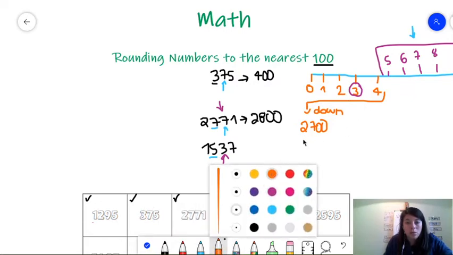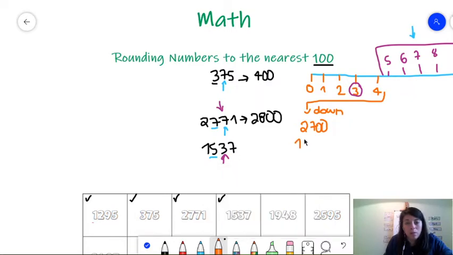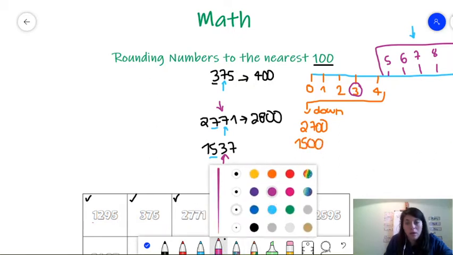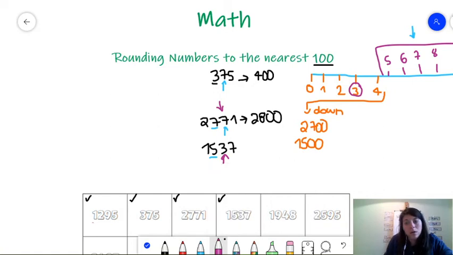Rounds down would mean that the nearest hundred in 1,537 would be 1,500. Now the highest hundred would be 1,600. But I already know, because my number is a 3, that I have to round it down. So 1,537 is really rounded to 1,500 because I'm working on the hundreds, okay?